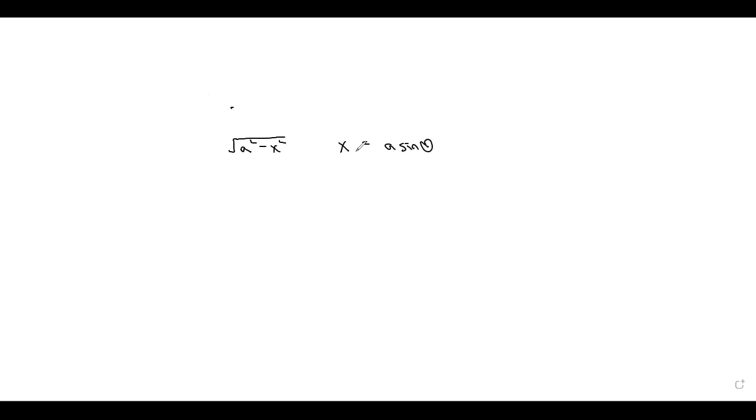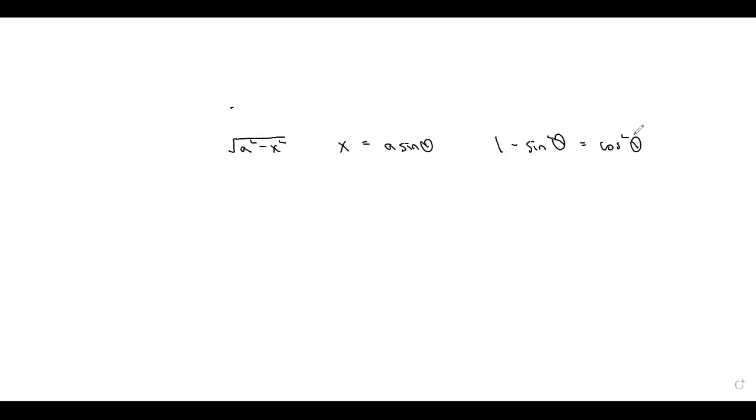It also gives you an identity that you can use. This is all in a chart on page 876. The identity is 1 minus sine squared theta equals cos squared theta. That's a pretty common identity: sine squared theta plus cos squared theta equals 1, just rearranged a little bit.